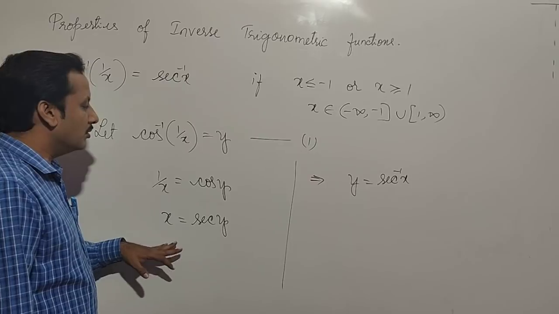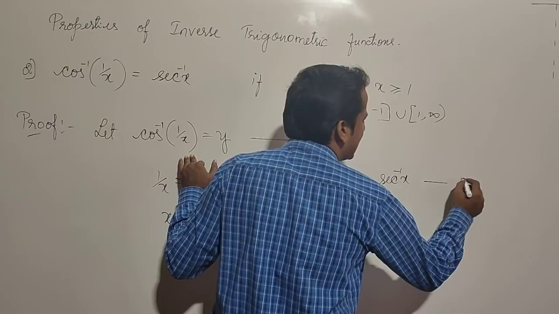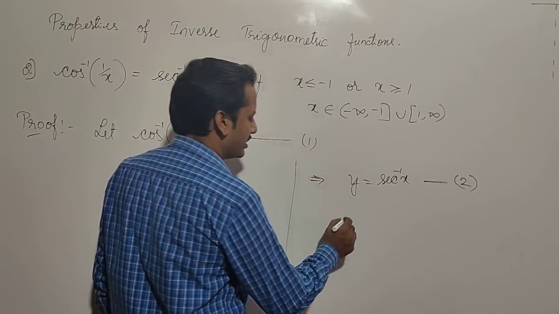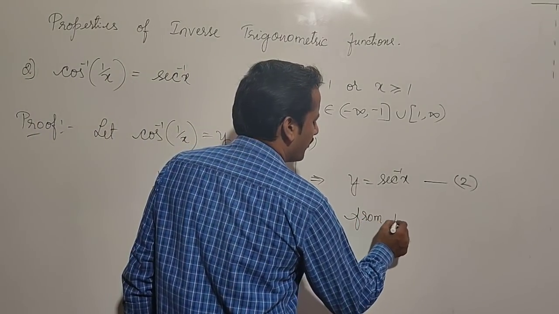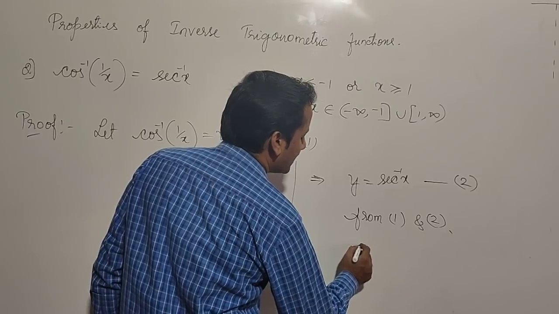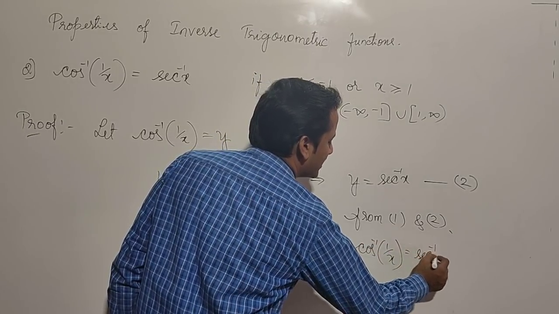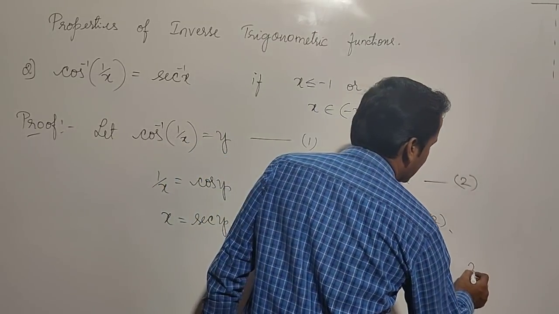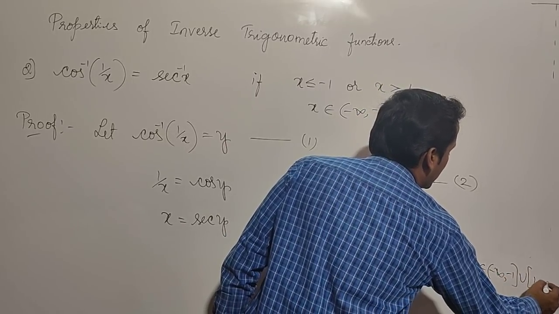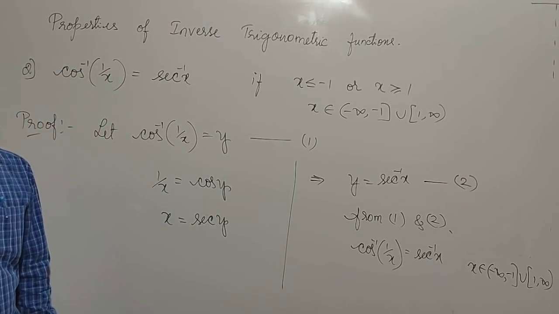So now I will treat this as equation 2. From equations 1 and 2, we can write cos inverse 1 by x is equal to secant inverse x, whenever x belongs to minus infinity to -1 union 1 to infinity. This is the second property.